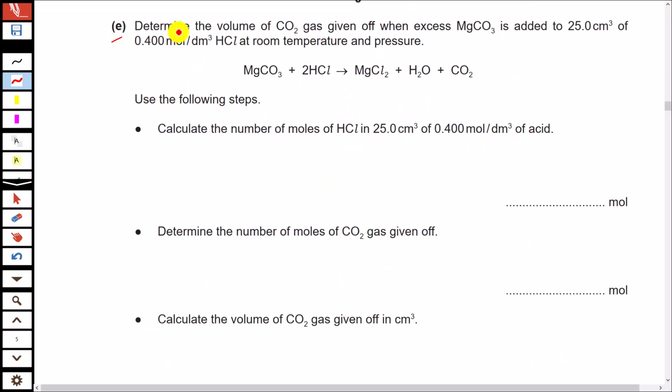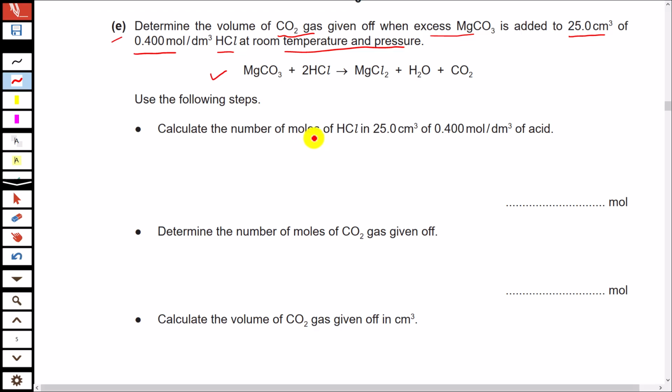E part: determine the volume of carbon dioxide gas given off when excess magnesium carbonate is added to 25 cm³ of 0.400 mol/dm³ HCl at room temperature and pressure. Here is the balanced chemical equation for this reaction, and you have to use the following steps to calculate this.